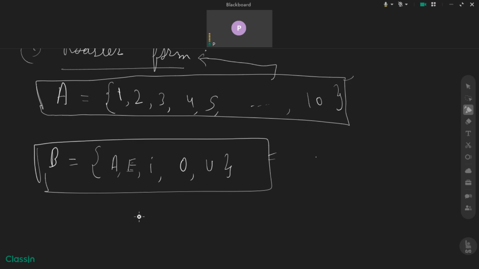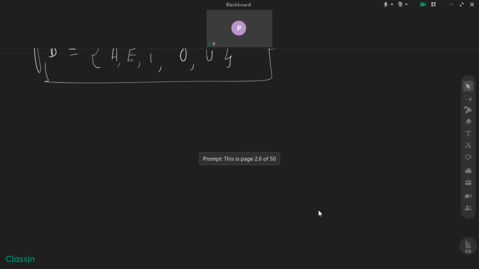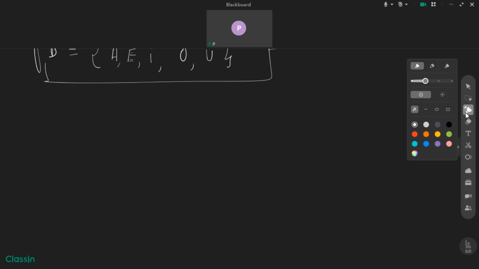Now let's move to the next form. The next form is set builder form, the second form of representation of sets.